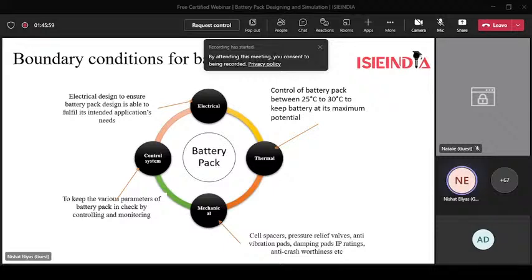The thermal design consideration is how much temperature is better for the operation of the battery: 25 to 30 degrees Celsius. When there is an increment in the temperature, there will be a change in the chemical activity, the chemical reaction inside the cells as well.